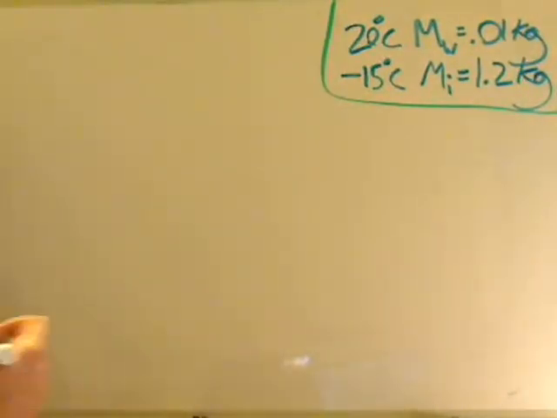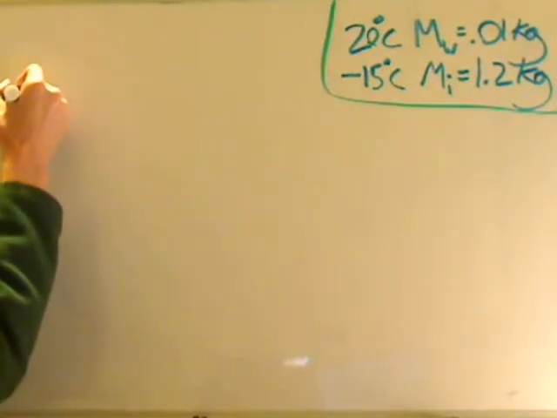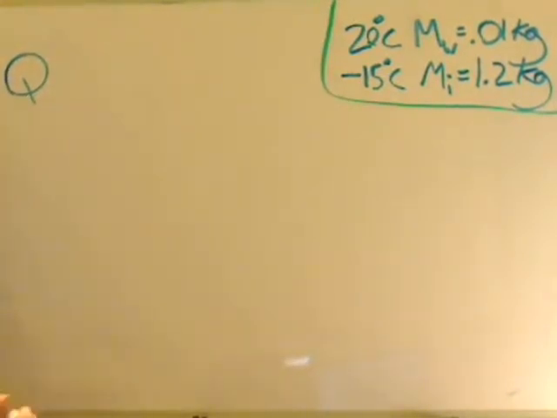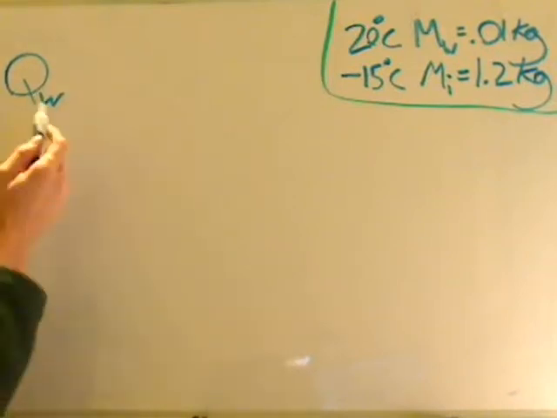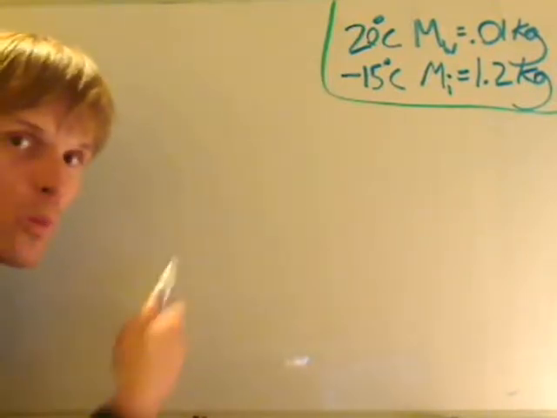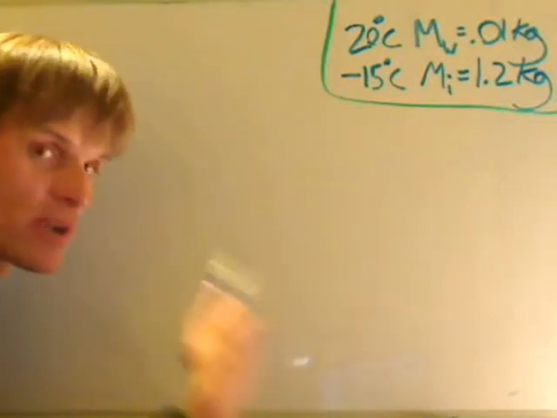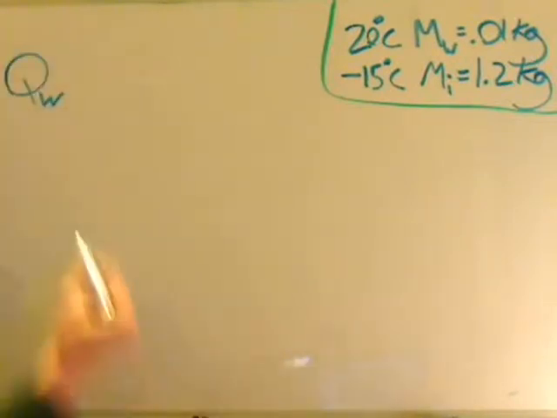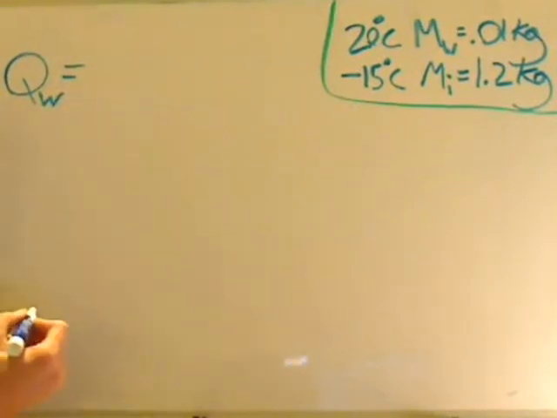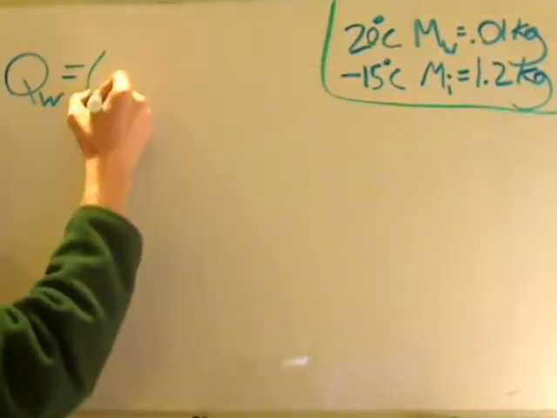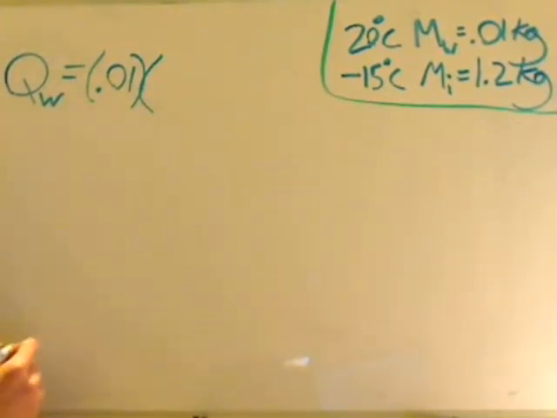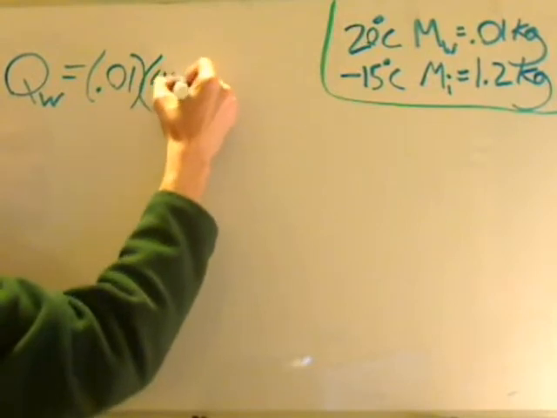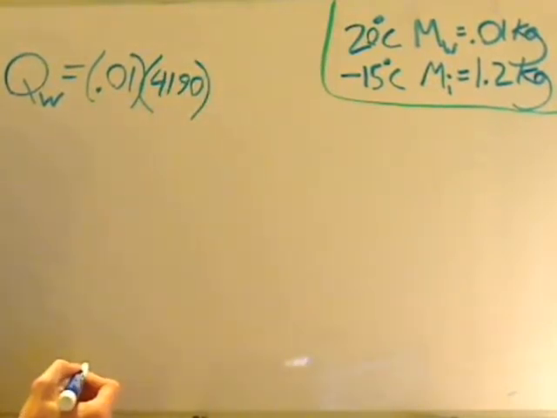So what we're going to calculate first is the heat released by the water when our 20 degrees Celsius water cools to the freezing point. Well, heat is mcΔT, so we have 0.01 kilograms. The specific heat of water is 4190 joules per kilogram degrees Celsius.